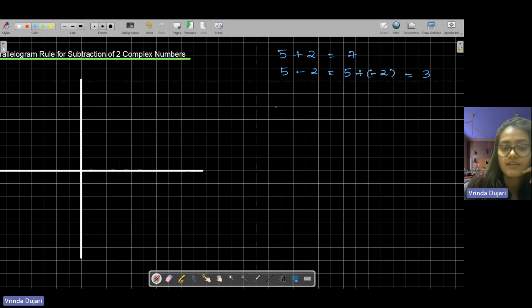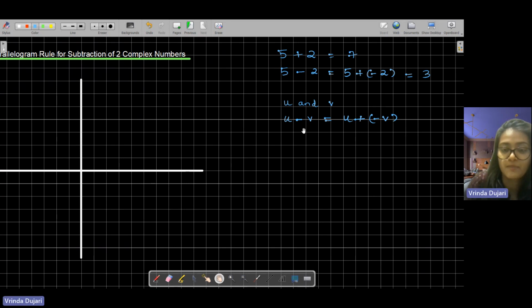So let's say we have two complex numbers U and V, and we want to subtract them. That means we want to find the value of U minus V. We can write U minus V as U plus the additive inverse of V, that is negative V. Why we are doing this is because we know how to add two complex numbers, right?